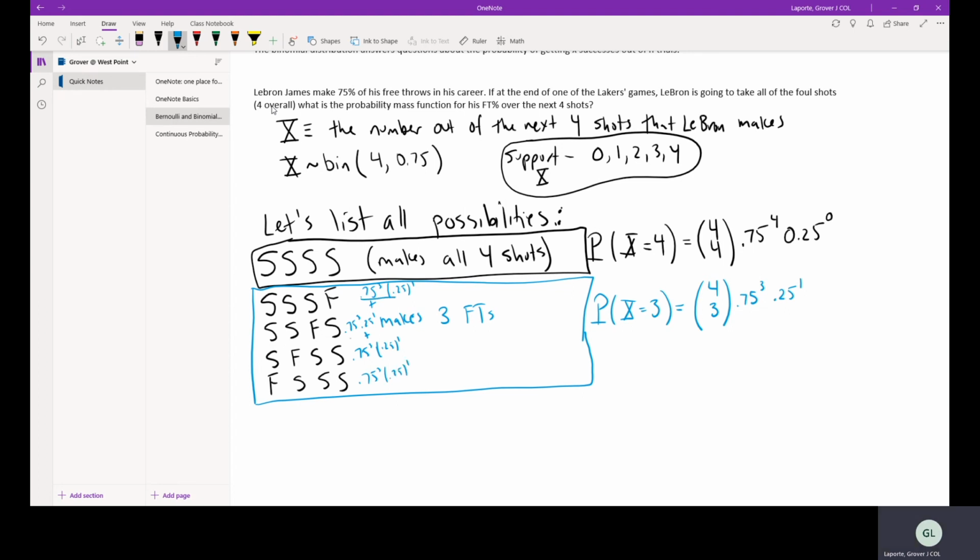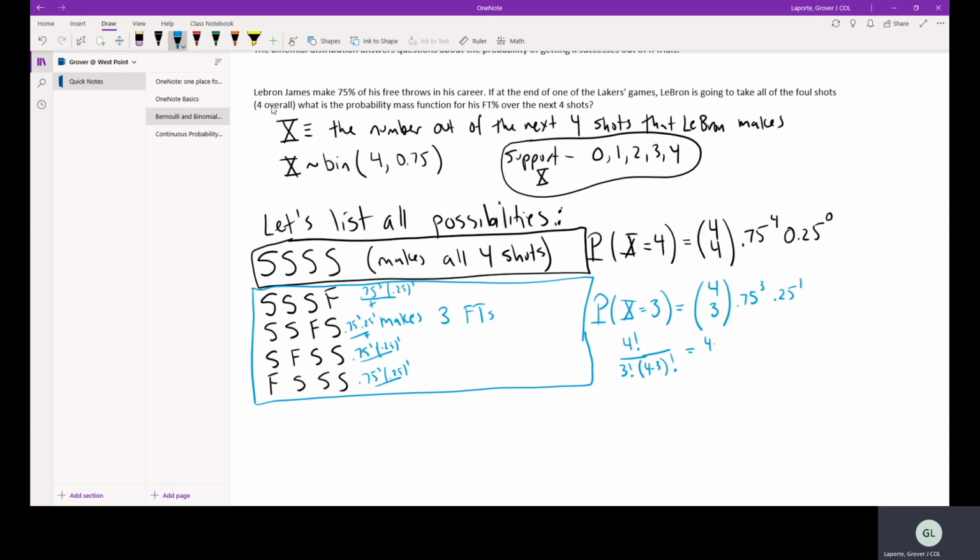But I have 1, 2, 3, 4 of those, which ends up being that. So let's remember what this looks like. It's 4 factorial over 3 factorial, right? So you start off with that, and then the other one is 4 minus 3 factorial, the other factorial that goes along with this.